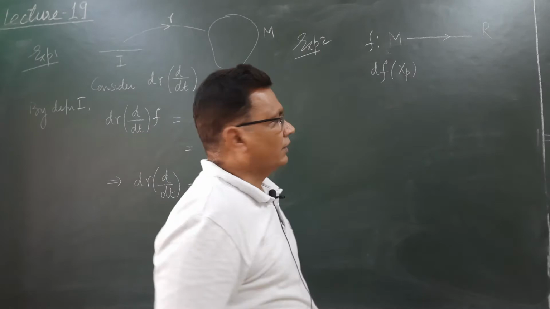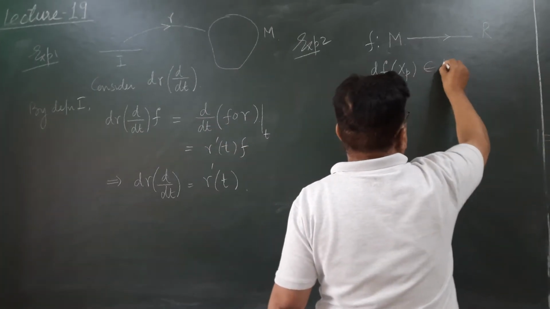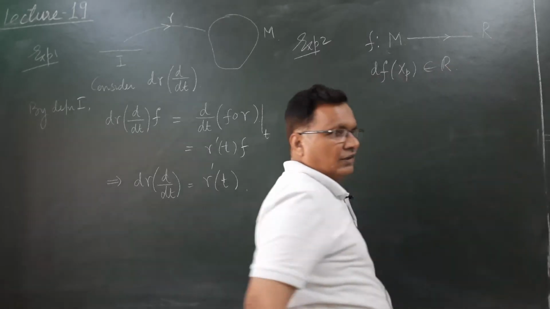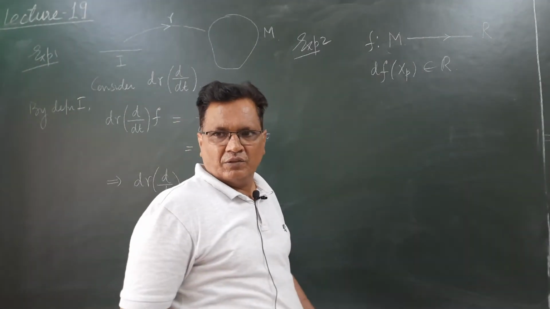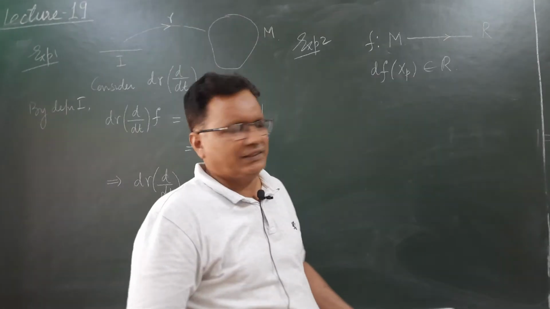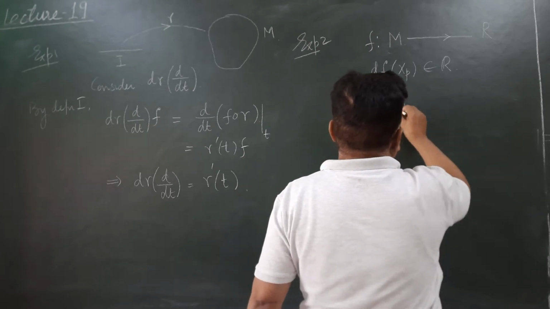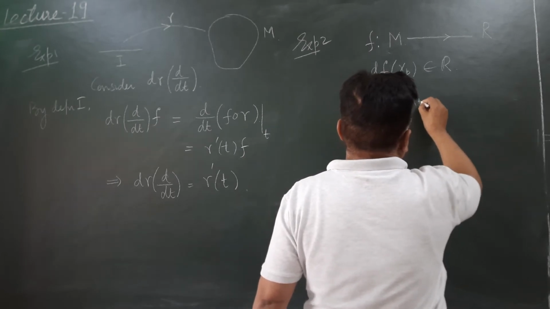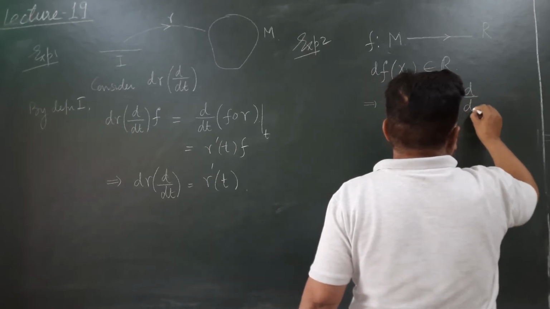This will become a tangent vector in R, so this will belong to R, and I just told you that a tangent vector in R will be some d by dt, say lambda times d by dt. So this implies that df of X_p must be equal to some lambda times d by dt, where t is a variable in R.